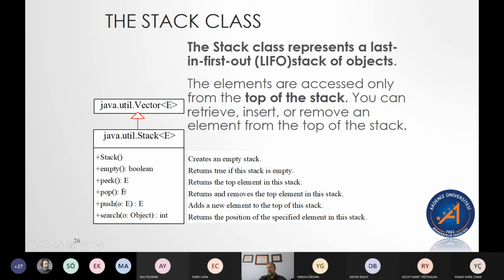Notice that it returns whatever the stack is holding, because it's taking that top element and popping it off. Push puts a new element on the top of the stack. Peek is not something we do a lot of, but it lets us look at what the top element of the stack is without taking it off of the stack.